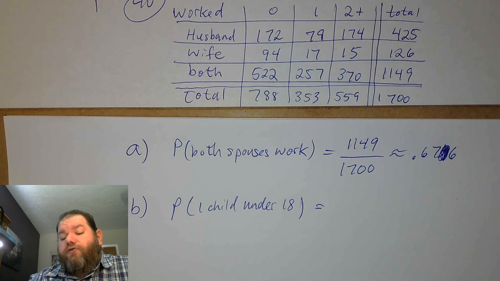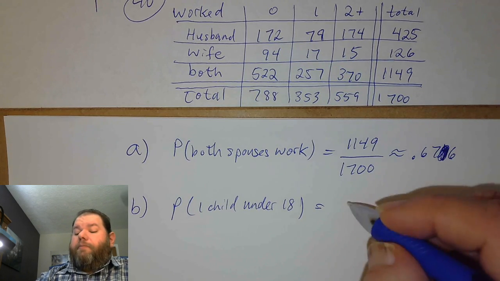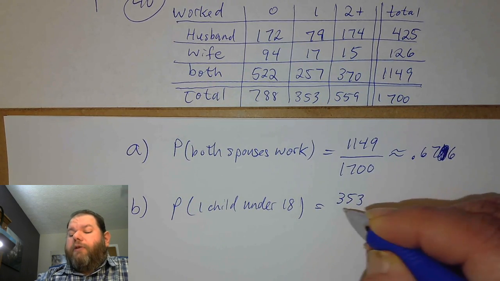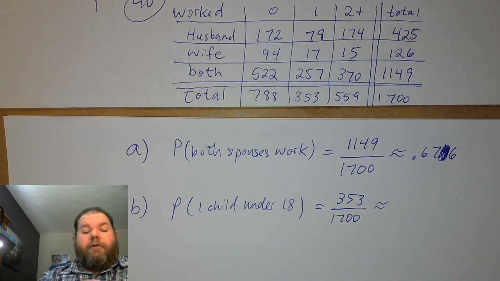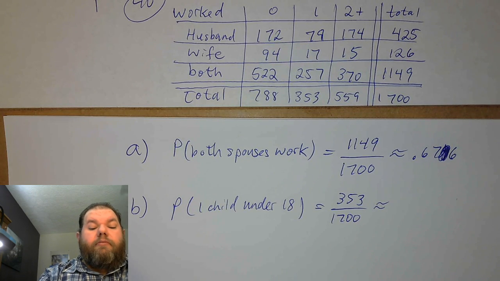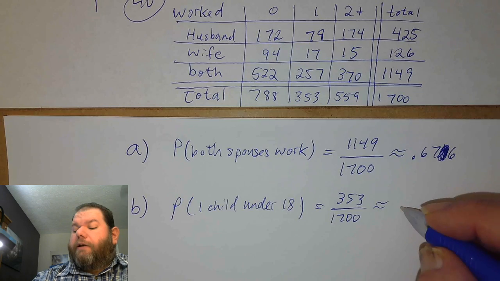For how many couples is it true that they have exactly 1 child under the age of 18? 353. Good. Now again, we take that out of the total, 1,700, and then we'll approximate our answer there. We come up with 0.208.